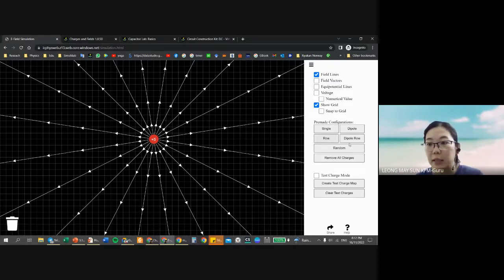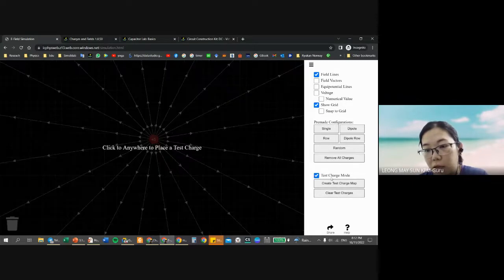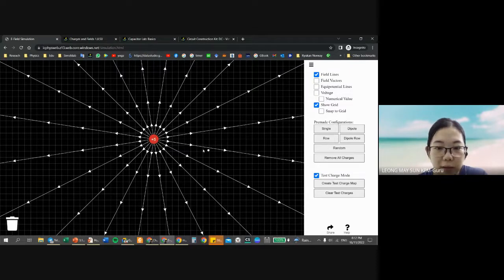Electric field lines, when I have, let's get a test charge. If you see there's a dot moving around on the right hand side corner, that's a test charge. Test charge, we assume it as a positive charge, but whether it is positive or negative doesn't matter. So when I put this test charge here, you will notice that it is being pushed away.